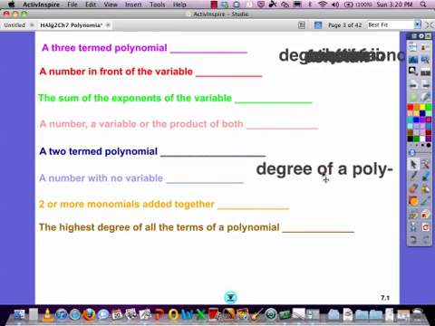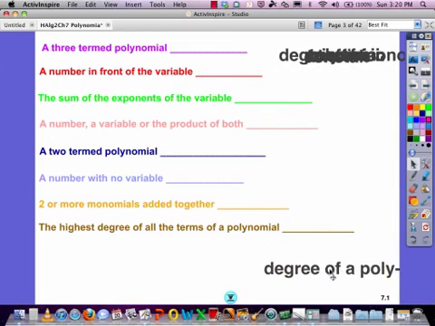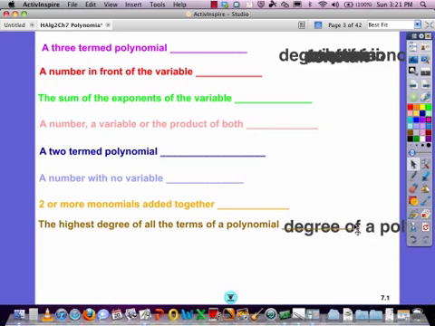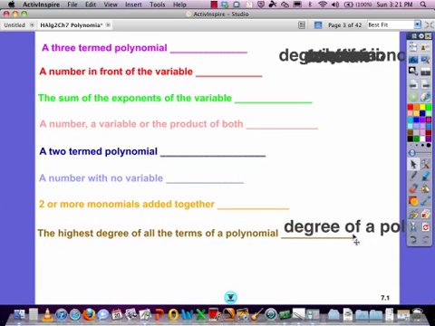So let's see, the degree of a polynomial. If you start looking at all the choices here, and look at the different colors, the degree of the polynomial is the highest degree of all the terms of the polynomial.